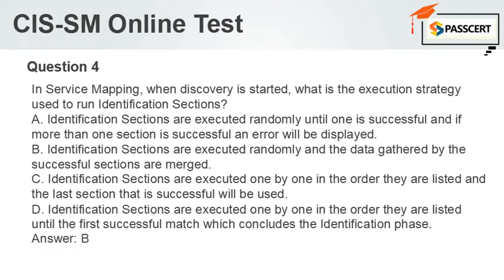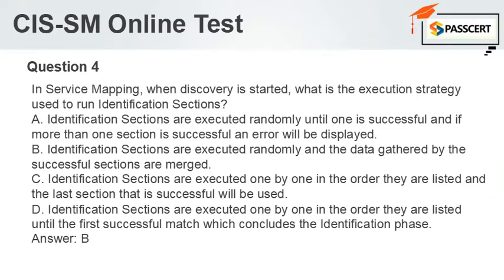Question 4. In service mapping, when discovery is started, what is the execution strategy used to run identification sections? A. Identification sections are executed randomly until one is successful, and if more than one section is successful, an error will be displayed. B. Identification sections are executed randomly and the data gathered by the successful sections are merged.